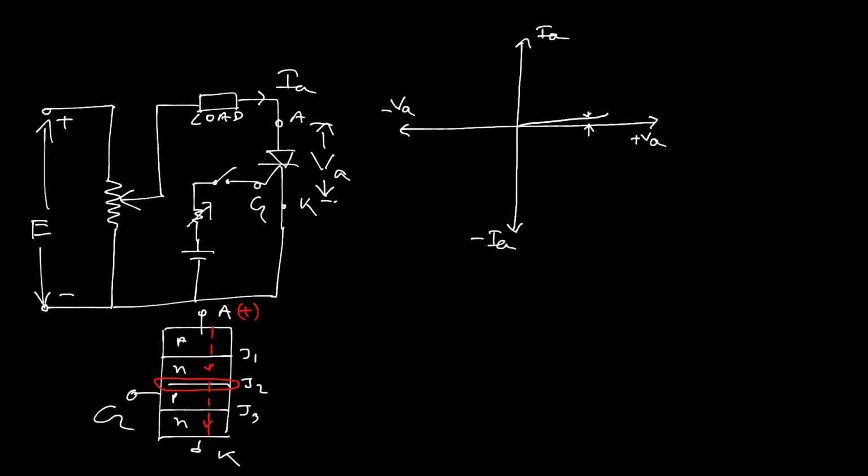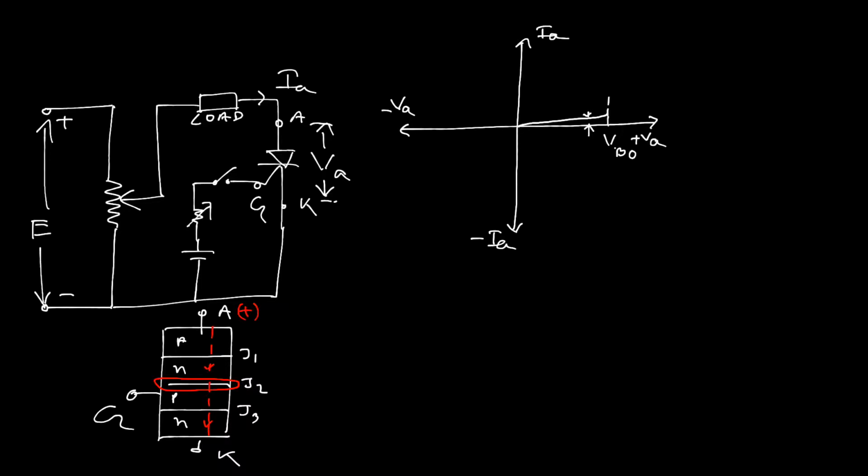But when we gradually increase the biasing voltage, meaning the anode is more positive with respect to the cathode, and the voltage reaches a critical or maximum value defined as VBO, which is called the breakover voltage, then the thyristor goes into the on state. Once the thyristor is fired and in the on state, a small increment of the anode voltage makes the anode current rise rapidly.